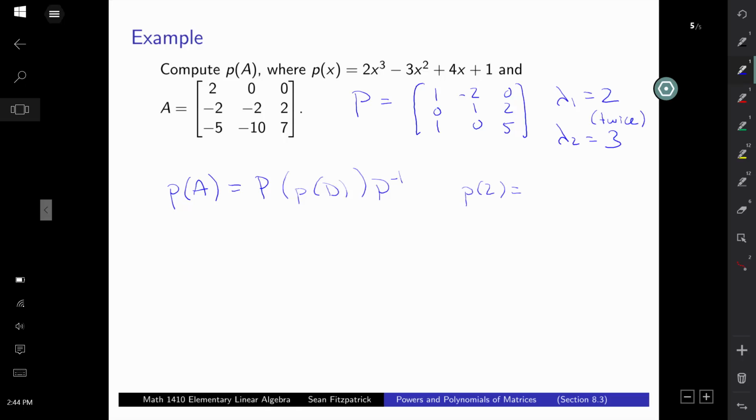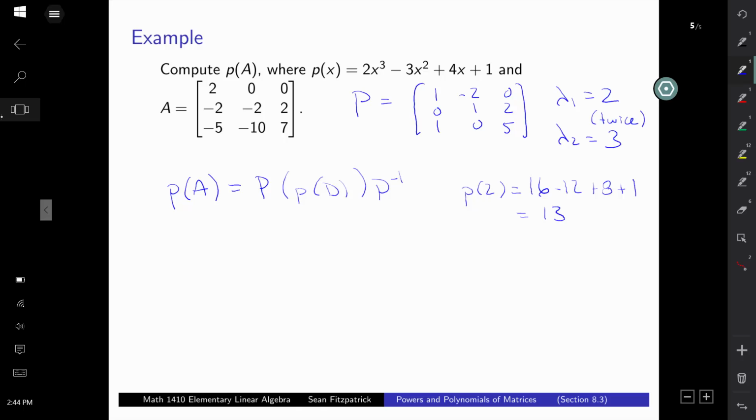So p of 2 is going to be 2 cubed, which is 8, times 2 is 16. 16 minus 12 plus 8 plus 1 is 13.